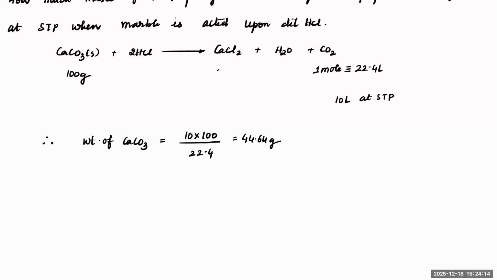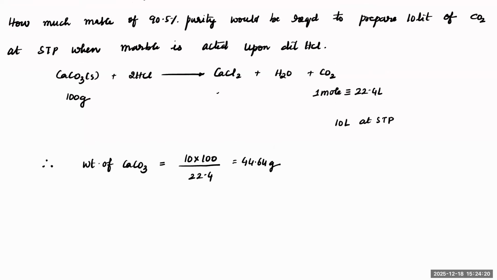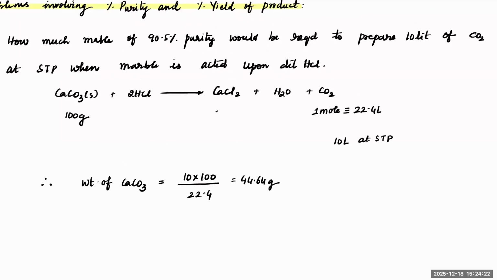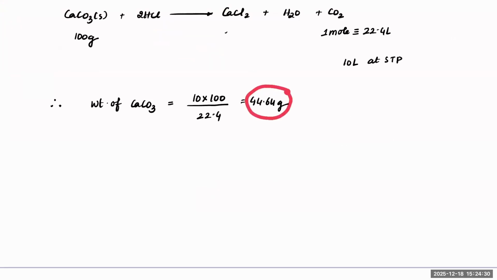Okay. But have you noticed something? Here 90.5 percentage of purity, which means this amount which you are getting is out of 90.5 percentage of some sample of marble. So therefore I can say 90.5 by 100 into the weight of the marble is generating the pure amount of calcium carbonate.